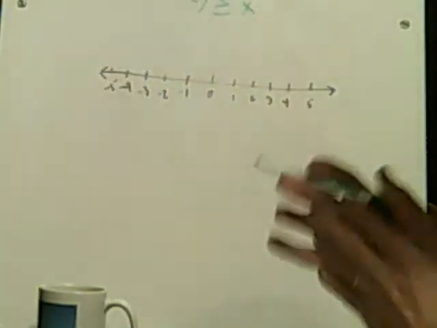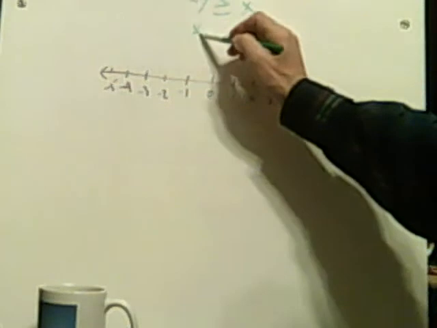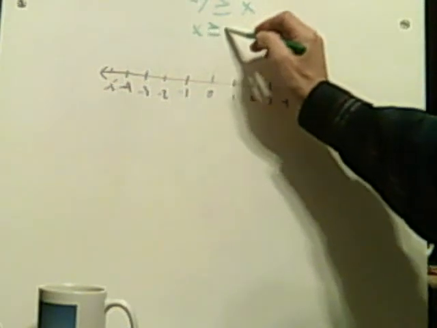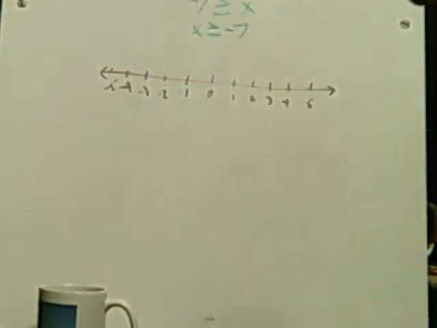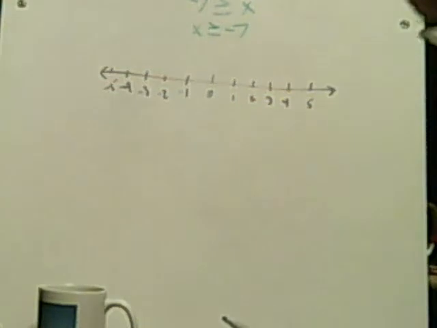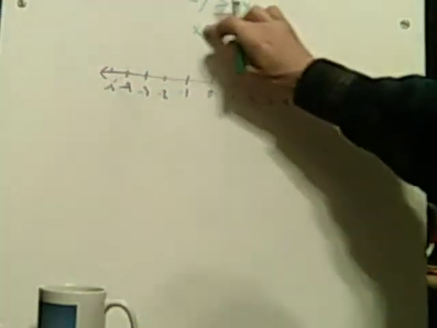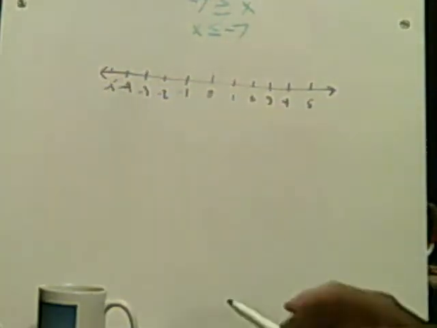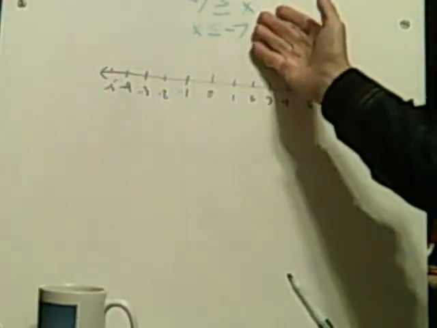Now, -7 is less than... I'm sorry, -7 is greater than, so this should be less than, so less than looks like that. You can flip the sides of the inequality by turning the less than sign into a greater than sign.